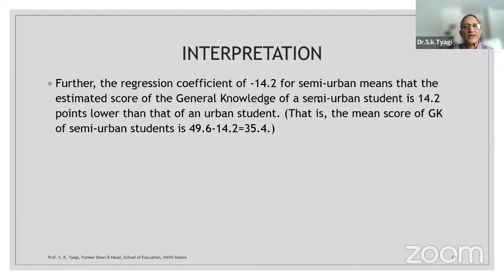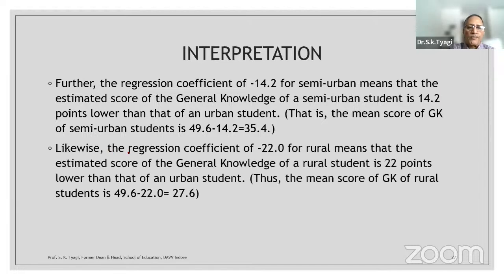And similarly, we can interpret. Likewise, the regression coefficient of minus 22 for rural means that the estimated score of general knowledge of a rural student is 22 points lower than that of the urban student. Thus, the mean score of general knowledge of rural students is 27.6.